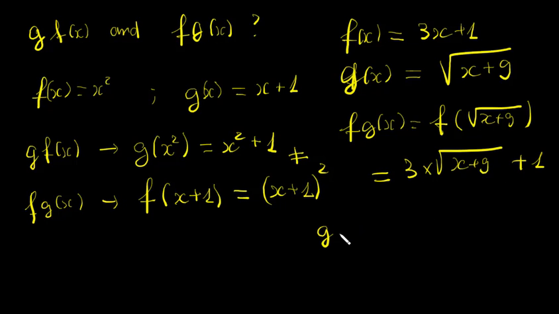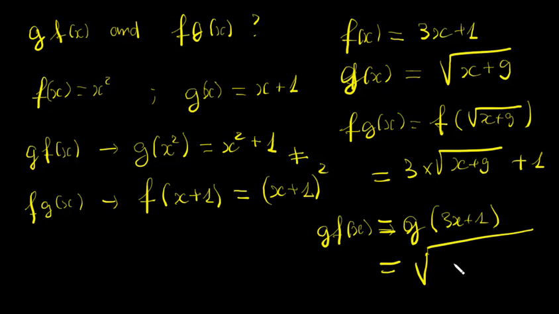And if I use g of f(x), that equals g of 3x plus 1, which is the square root of 3x plus 1 plus 9, equal to the square root of 3x plus 10.